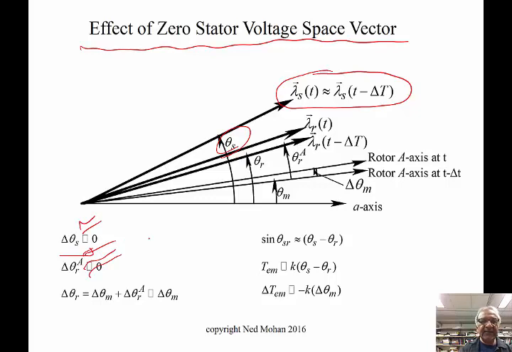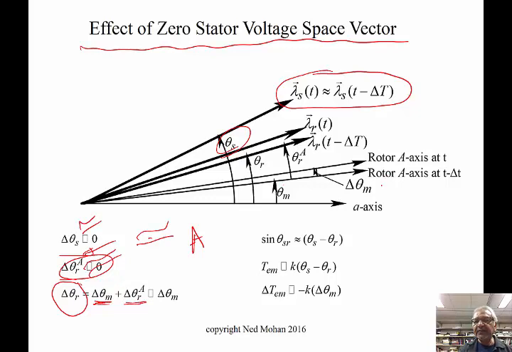Okay. So again, this is approximately equal because, as I mentioned earlier, the rotor is a short-circuited cage. So with respect to its own axis, capital A, this rotor flux linkage is not going to change. So this is going to be essentially 0. And so the change in the rotor flux linkage space vector is really made up of these two changes. See, the rotor is rotating, so this theta sub m would change.